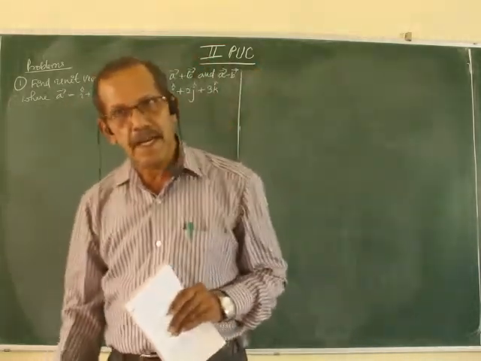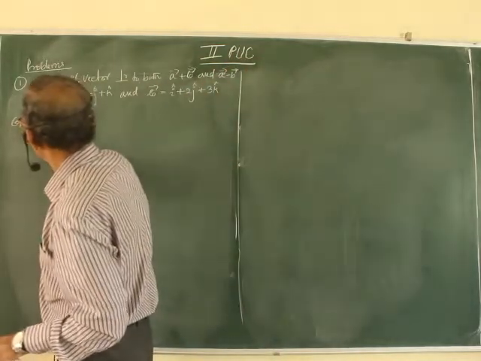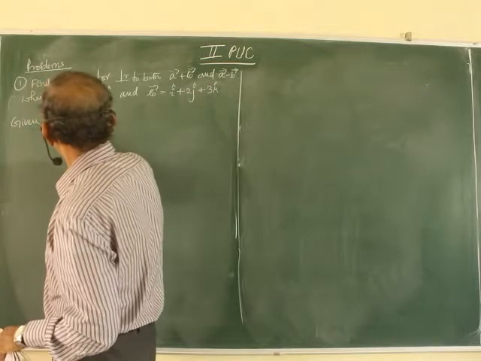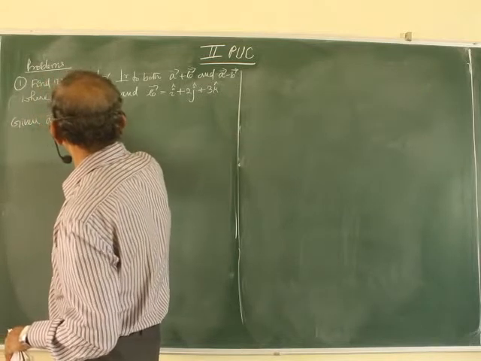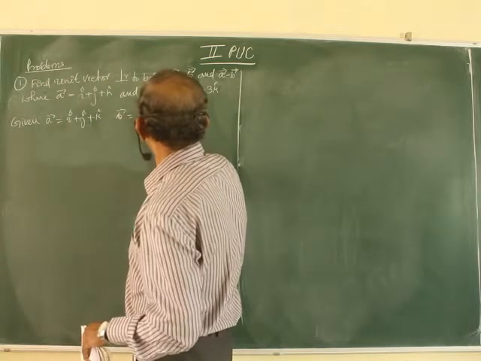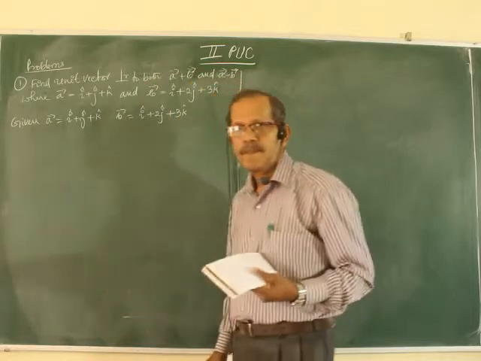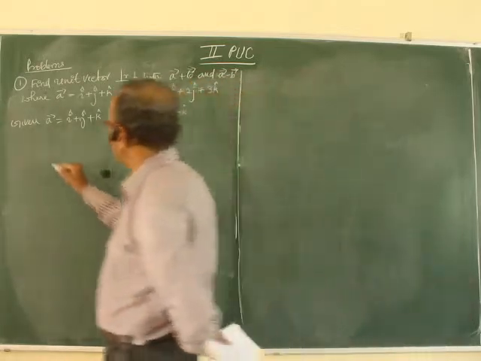First of all, obtain A plus B and A minus B. Given A equal to i plus j plus k, B equal to i plus 2j plus 3k. Find out A plus B first.